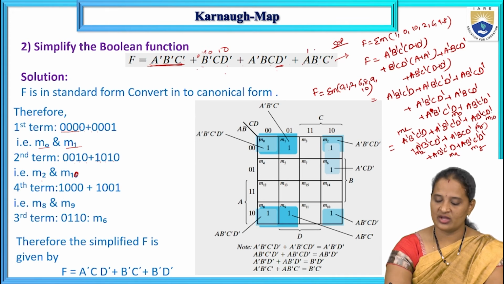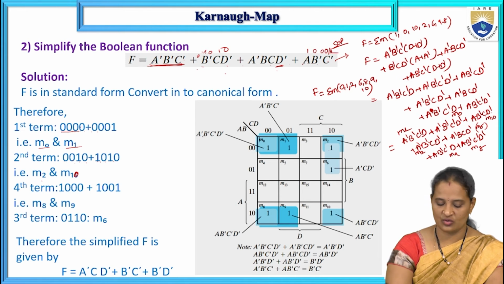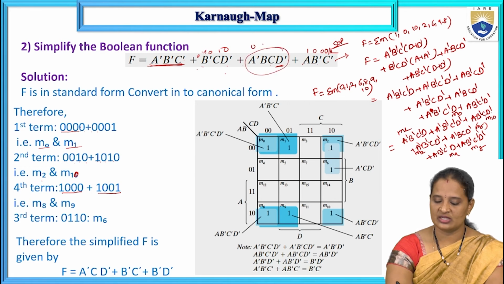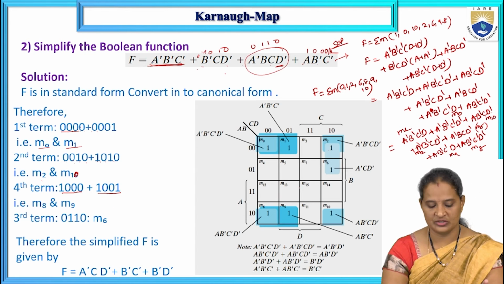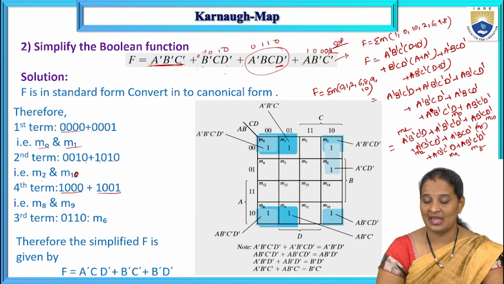So A value is 1, B is 0, C is 0, where the D value is missing. So the D value may be either 0 or 1: 1, 0, 0, 0 and 1, 0, 0, 1. So that is M8, M9. And the third term has all the variables, so that is 0, 1, 1, 0. That is M6. So this way also we can form the groups: first M0, M1, next M2, M10, and then M8, M9, and finally M6.